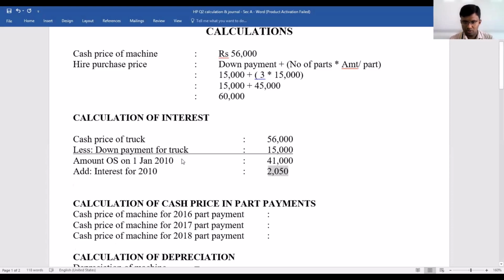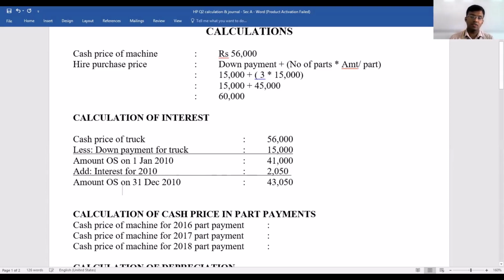Now, when you add interest to 41,000, this will be the amount outstanding on 31st December 2010. So the amount outstanding on 31st December 2010 will work out to be 43,050.